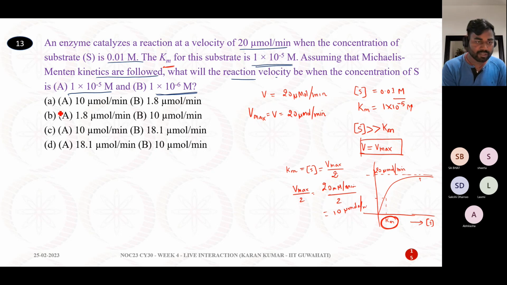So 10 micromole. Now coming further, in the second part, they are changing the substrate concentration. Now the substrate concentration is 1 into 10 raised to power minus 6 molar.